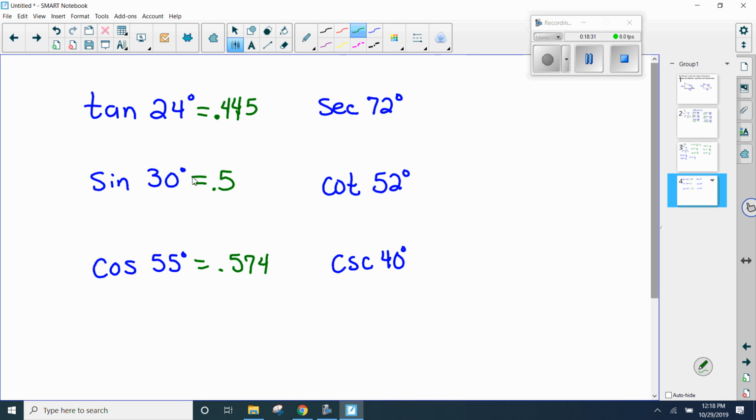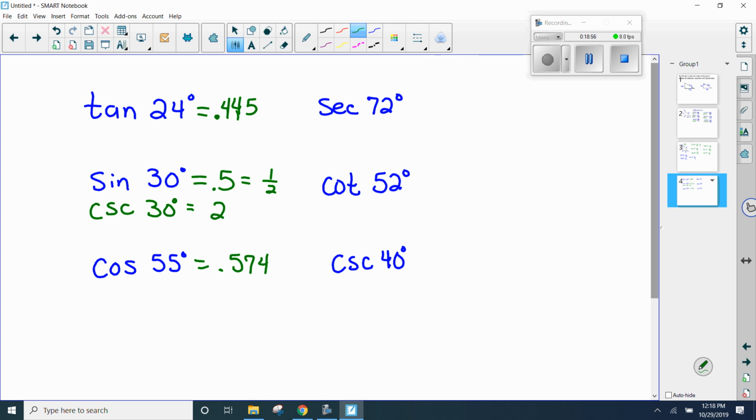Cosecant. It starts with an S, so I want the C, right? The cosecant of 30 degrees is not negative 0.5, which is the opposite. Be careful of how you're saying it. It's the reciprocal, which is 2, because 0.5 is the same thing as 1/2. It's the reciprocal of that.